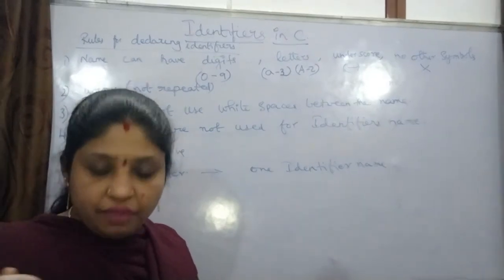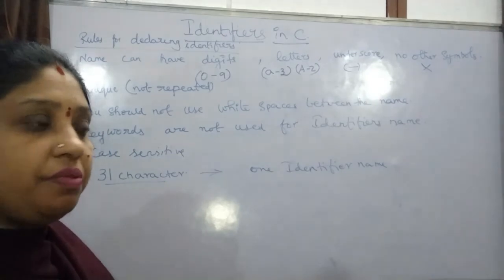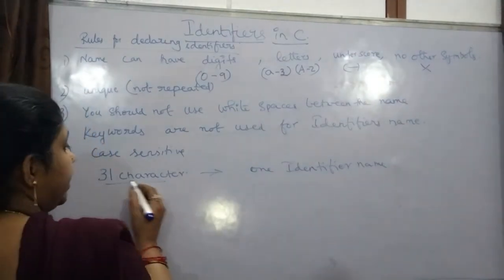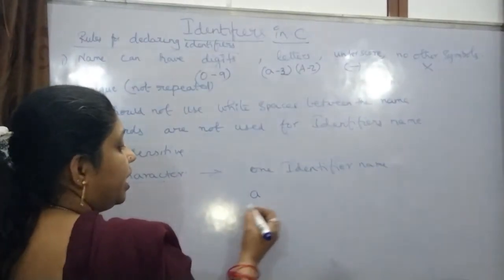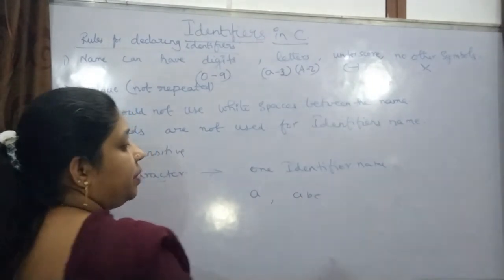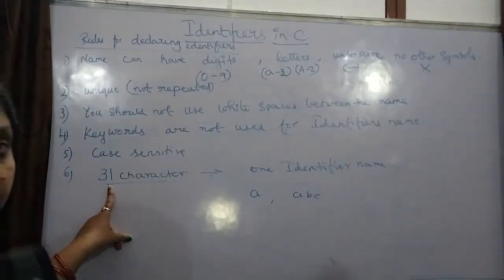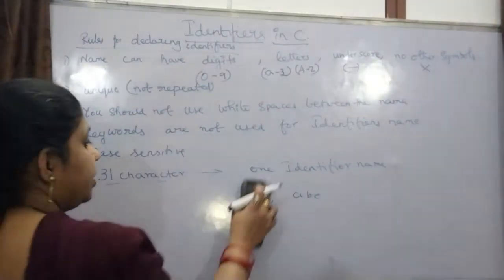Every time you want to type that word, it will not be easy to type all 31 characters. If you go for a single letter or 3-4 letters, then it will be easy. But you can write up to 31 characters for one identifier name.